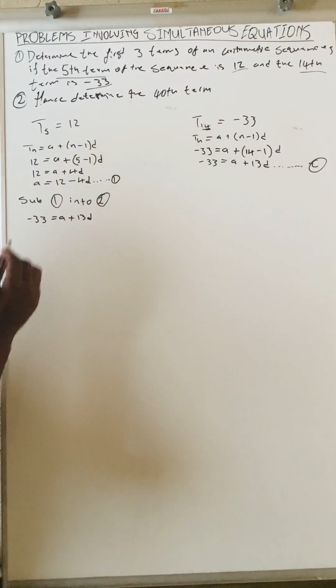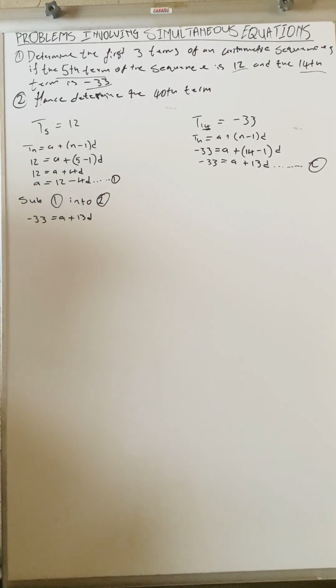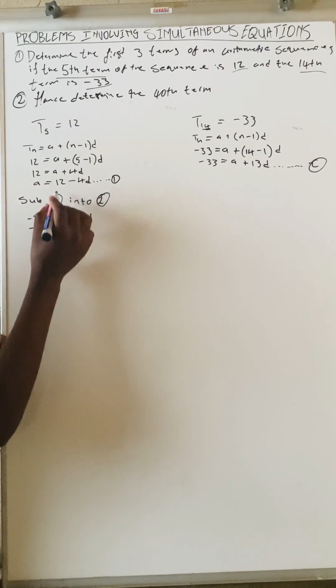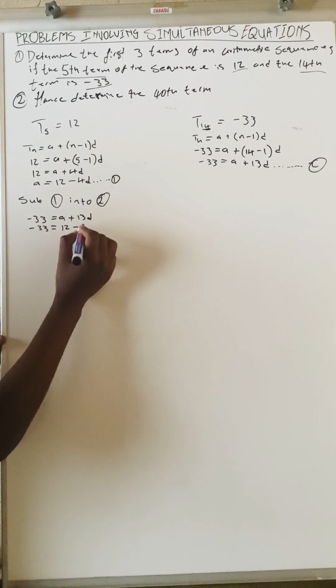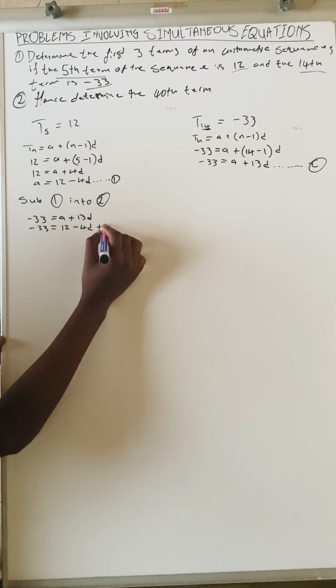Here you know your A is equal to 12 minus 4D, so you are going to substitute that. You write negative 33 is equal to 12 minus 4D, then plus 13D.